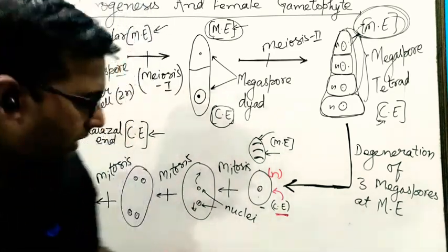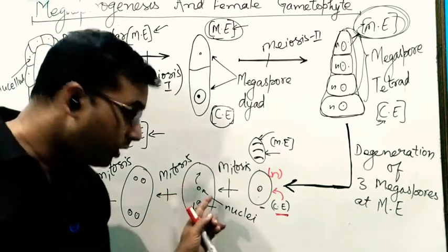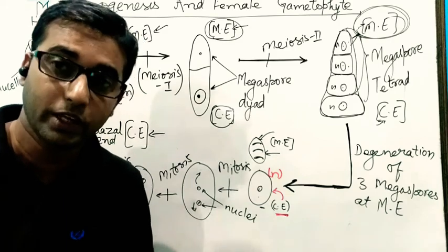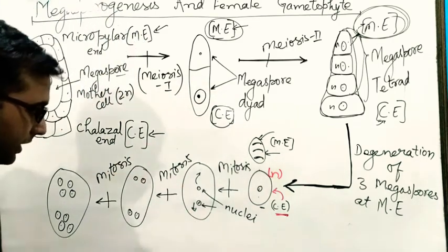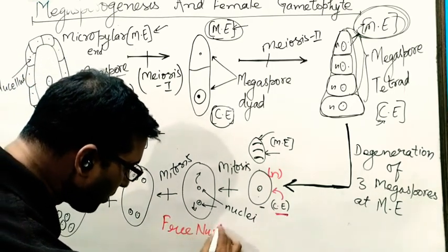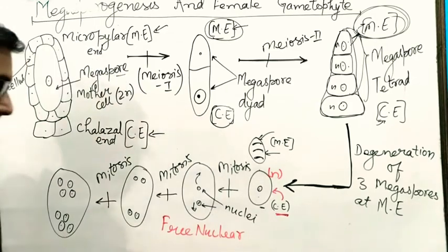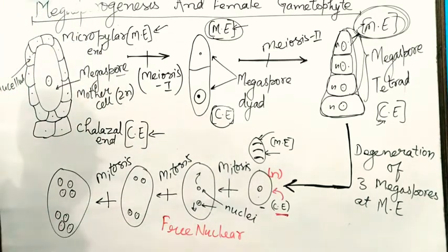Can you note one thing? That wall formation does not take place. It simply means that the divisions are free nuclear in nature. Is it clear? No wall formation takes place here.